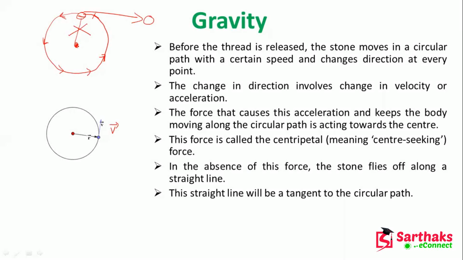You can see that it will always move in the circular path. But after a certain time, if you are not giving the centripetal force, at that time you can see that the stone flies off.